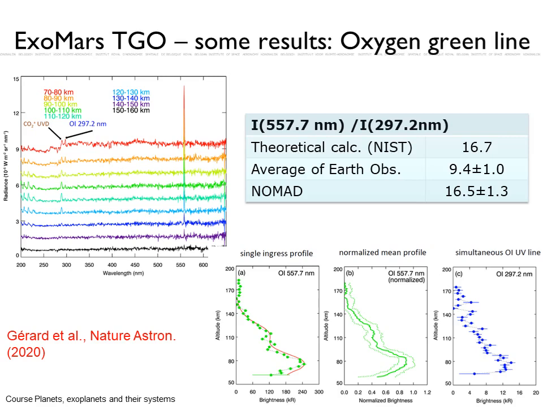What is new is the simultaneous observation of the green line at 557 nanometer. In fact, this is the first time that this emission line has been observed on a planet other than Earth.